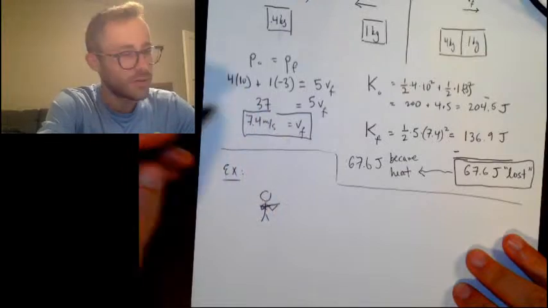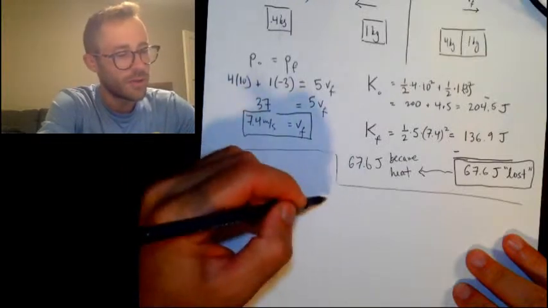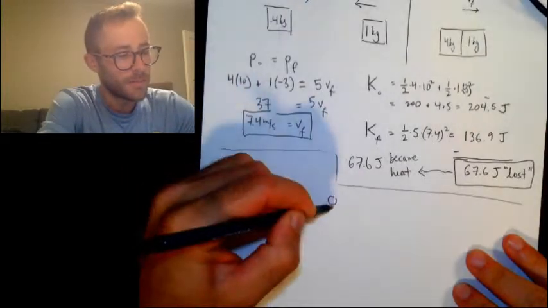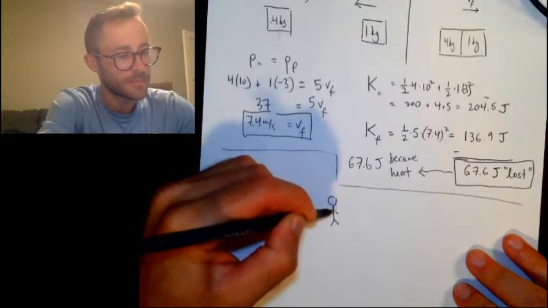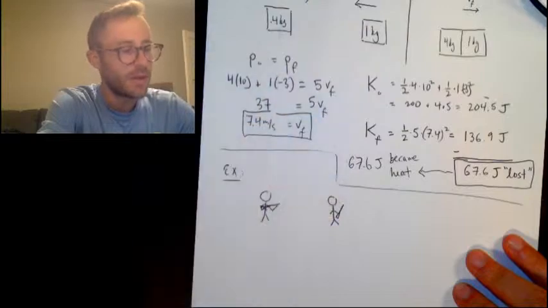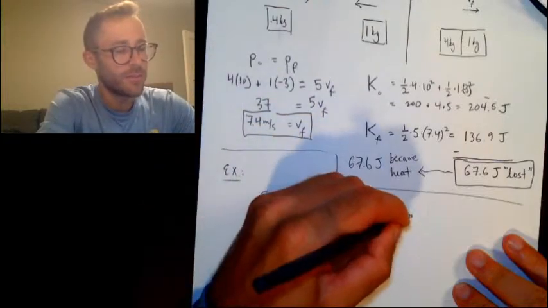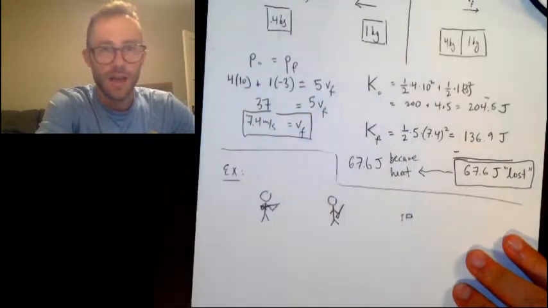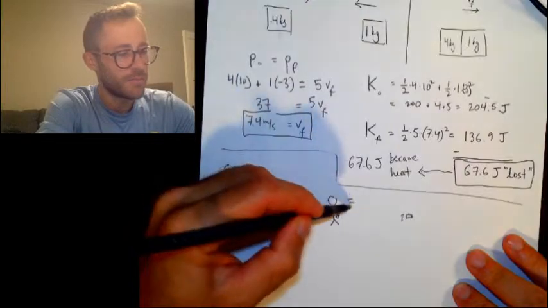Okay, the astronaut fires the rifle and the bullet goes this way. The astronaut goes this way.